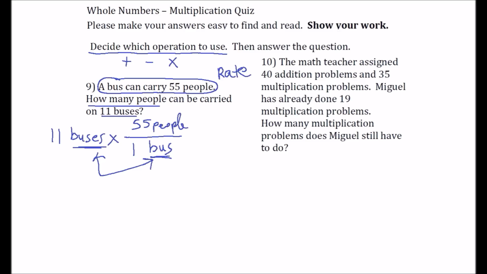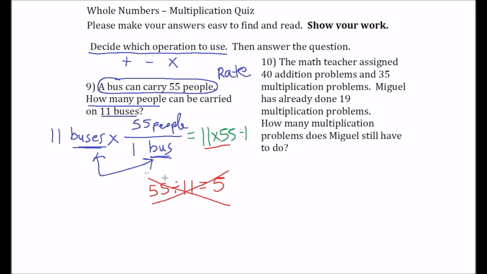And then if I remember that this is going to be the first number, and I don't need the words, times the top number divided by the bottom number. And again, some people will see this shortcut and they'll say, well, I'm just going to do 11 times 55. To me, I like to use that rate to know. Because again, you could do 55 divided by 11 and it works out to exactly 5. But that's not what we're going to do. We're going to do multiplication. We're going to do 11 times 55.